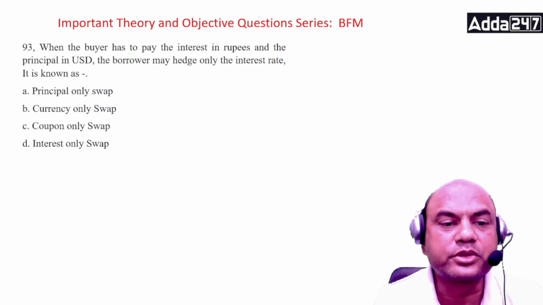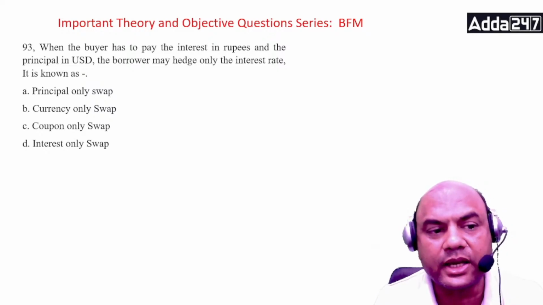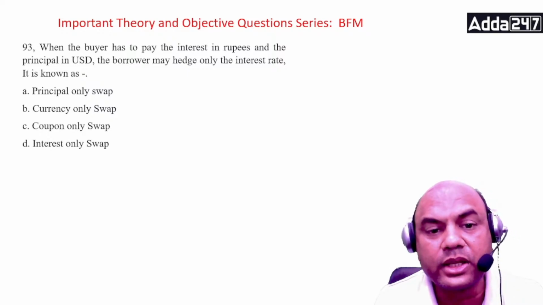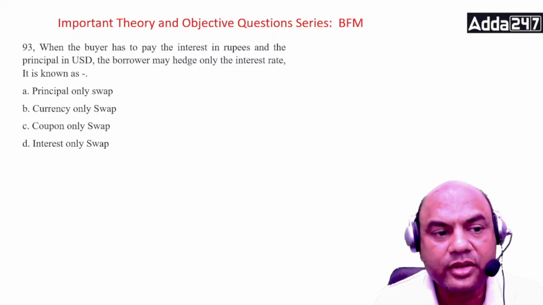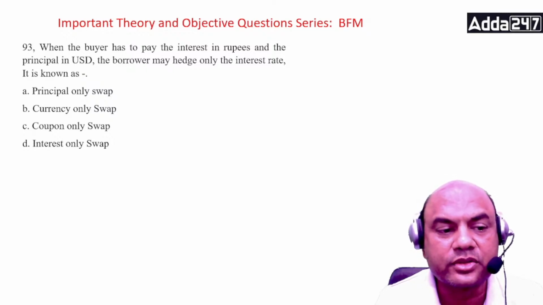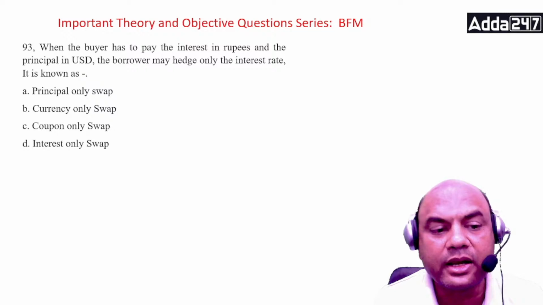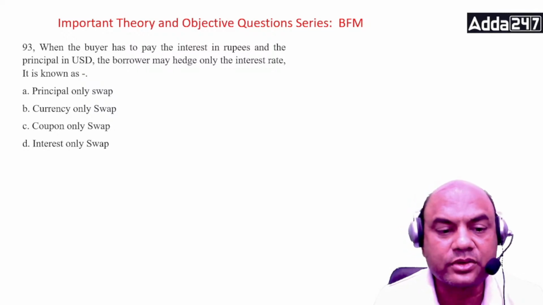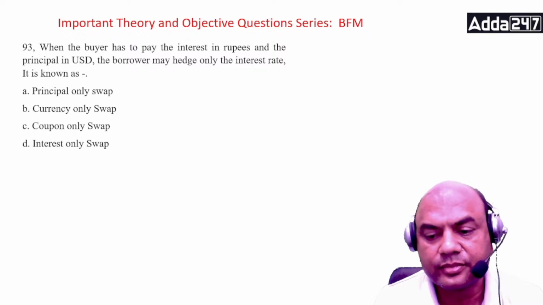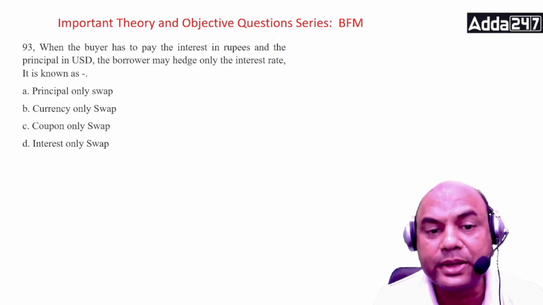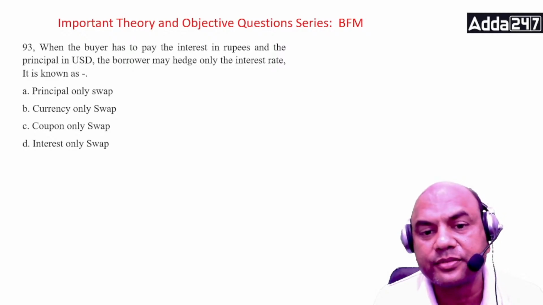When the buyer has to pay the interest in rupees and principal in USD, the borrower may hedge only interest rate. It is known as principal only swap, currency only swap, coupon only swap or interest only swap. What is this called? See here, the buyer has to pay the interest in rupees and principal in USD.